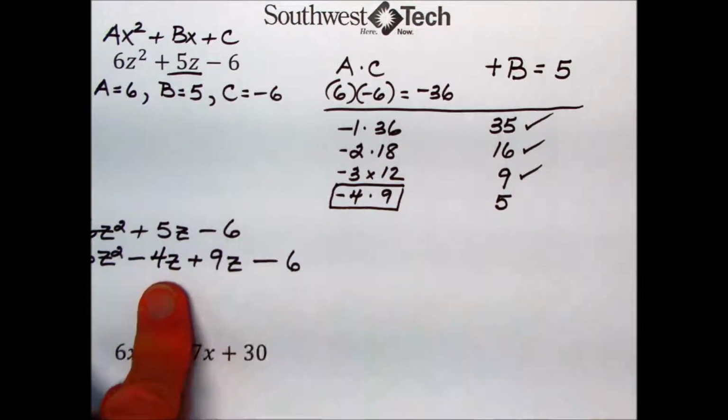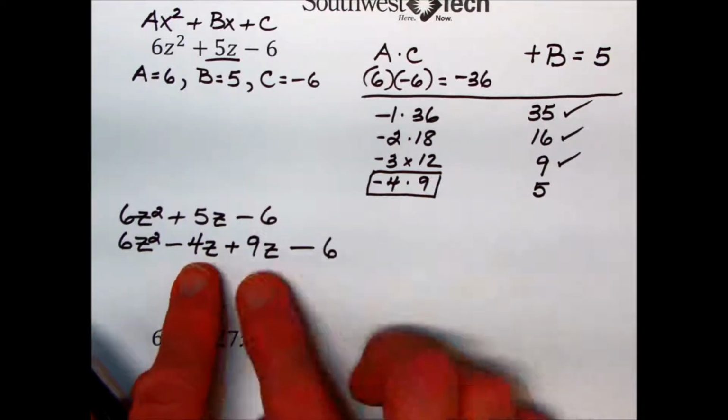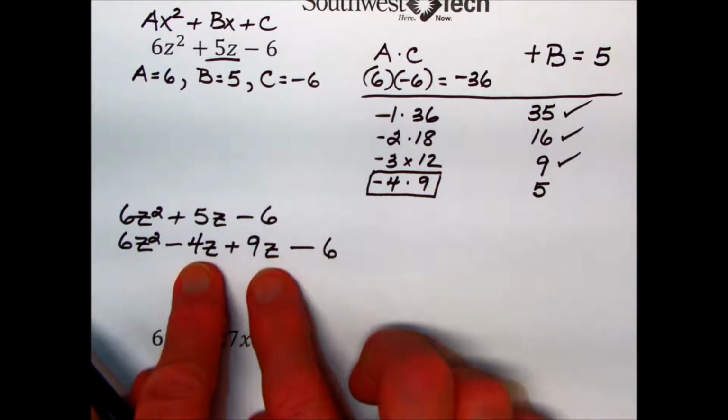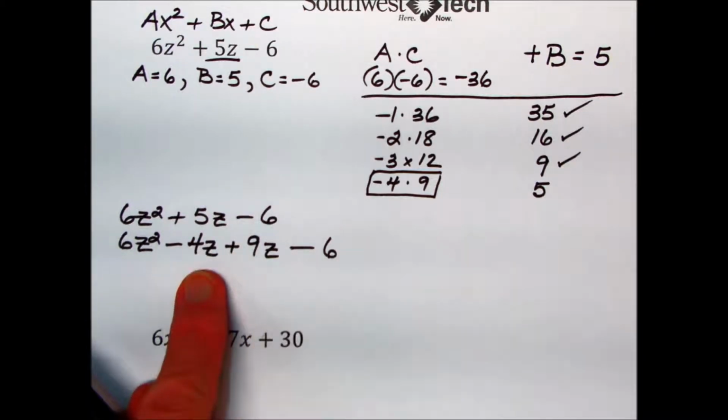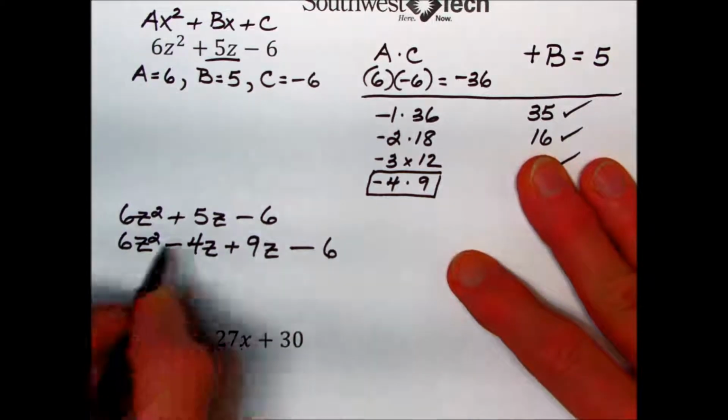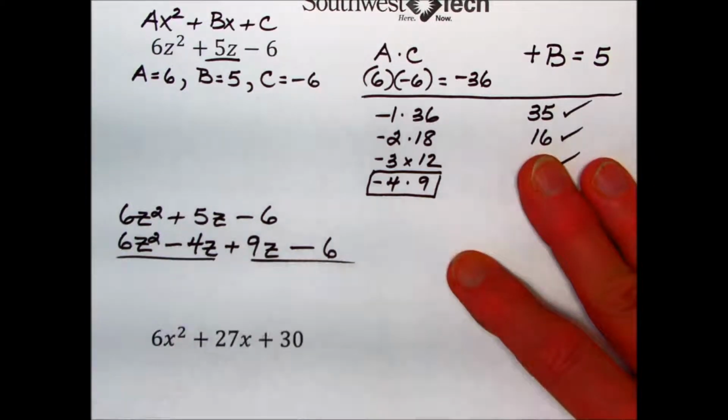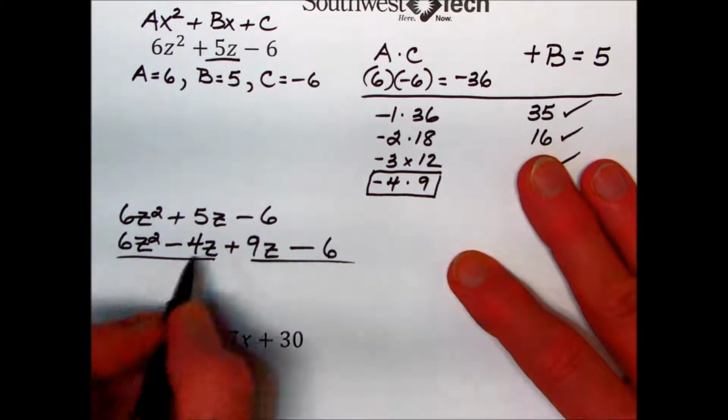And if we simplify, whoops, let me slide this over, negative 4z plus 9z add up to be the 5z. So it's still equivalent, but it's now allowing me to factor by grouping.